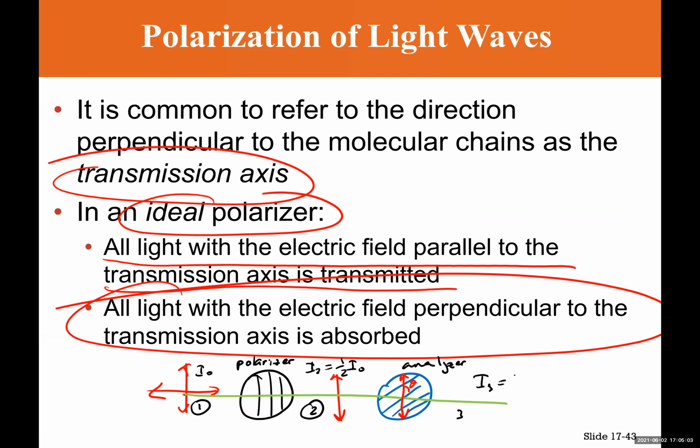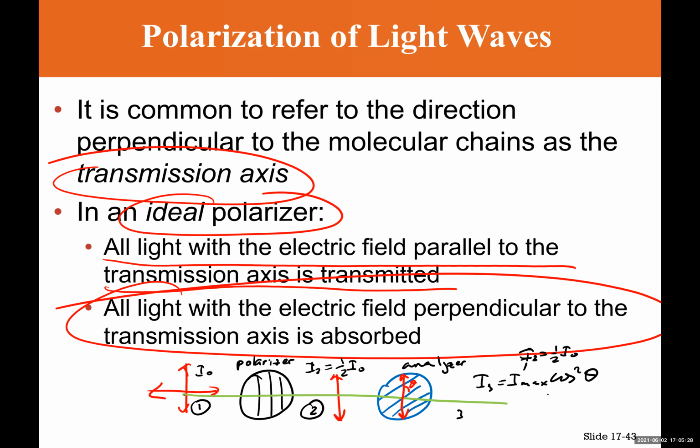Then I3 will be equal to I max times cosine squared theta. I max is the intensity before the analyzer. In this case, it is the intensity at point 2, which is 1/2 I naught. Then cosine squared theta.